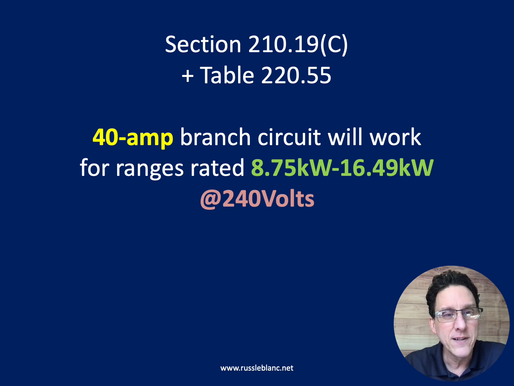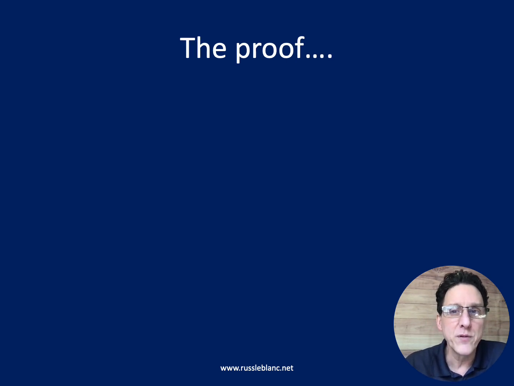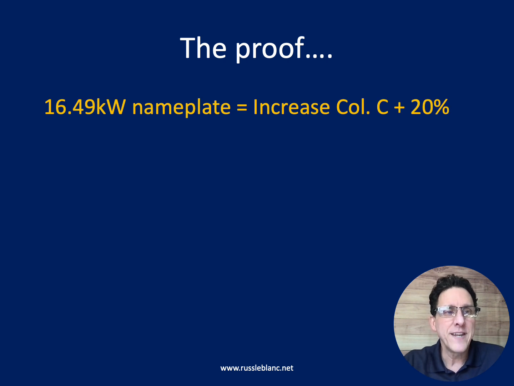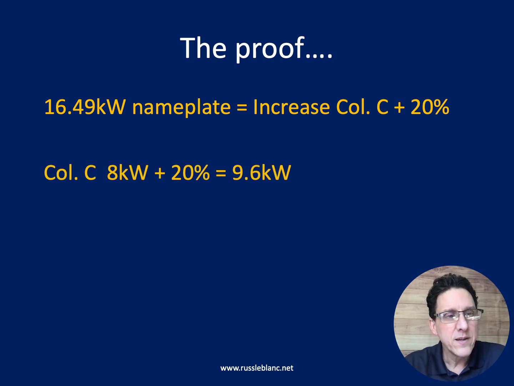Let's prove it. So we have the minimum: 210.19(C) says 40 amp minimum for 8.75. Well, let's see if a 16.49 kW range will actually fit on a 40 amp branch circuit. And it does. Here's the proof. The nameplate 16.49 kW requires an increase of 20% to column C. So that would look like this: column C is 8 kW plus 20%.